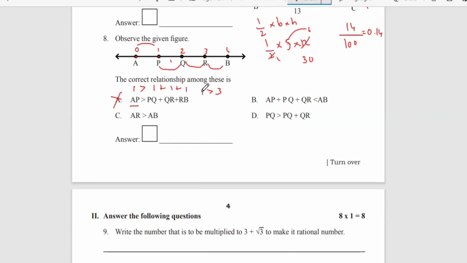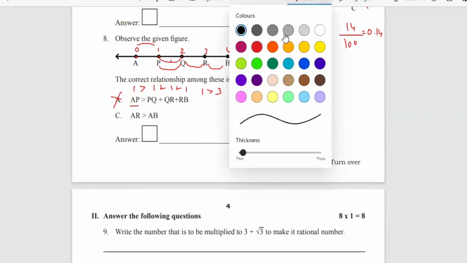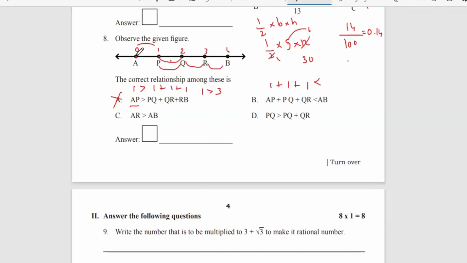Moving to option B. Now, can you give me the AP value? The AP value is going to be 1. Plus PQ, the value is also 1. As you can see, PQ is 1. QR is also 1, is less than. This symbol is called less than. AB. Now let us find the value of A to B. So this is 1, 2, 3, 4.